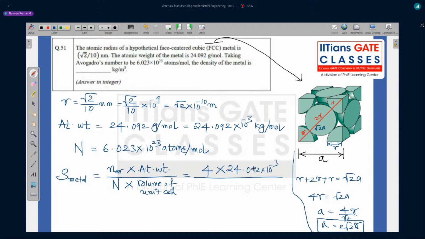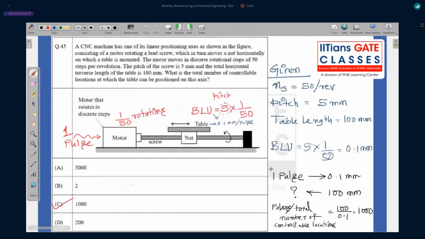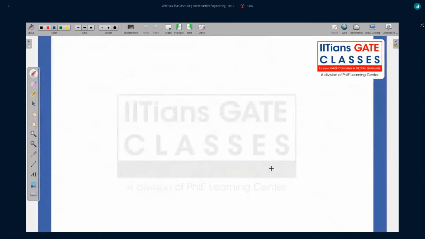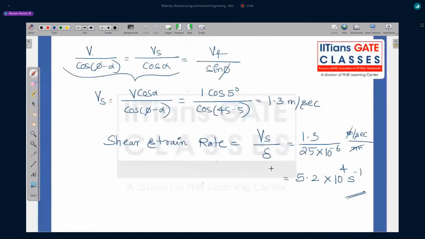I got exactly 5.2 in steel. What is that you're talking about, Anand? I got exactly 5.2 10 to the power of, which question are you talking about? Anand? This one?